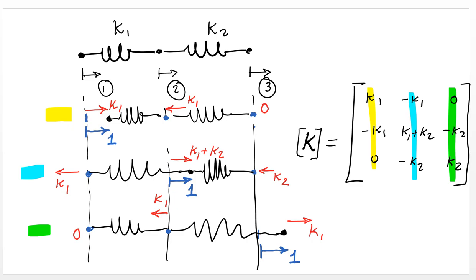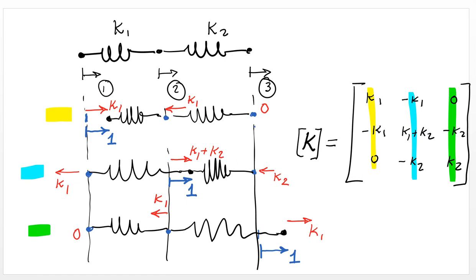If we find the forces needed to make that happen, we see here that we need a force K1 at degree of freedom 1 and negative K1 at degree of freedom 2. No force is needed at degree of freedom 3 because, as you can see, the spring K2 is not elongated or shortened, so there is no force associated at degree of freedom 3.